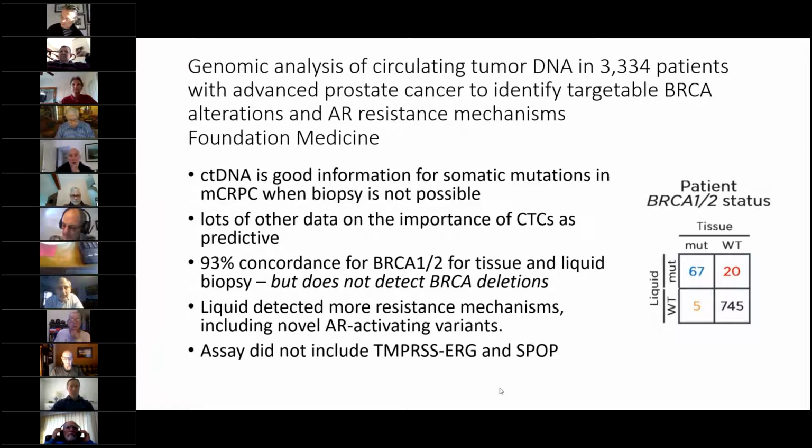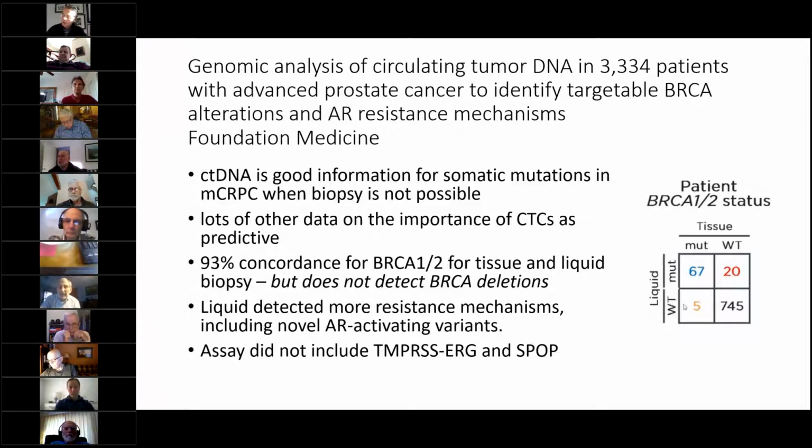Can you please explain what the quadrant is in the right-hand corner? Let's turn this off. It's blocking my ability to see the slide. But the lower right-hand quadrant is, for example, the liquid biopsy on the vertical axis and the tumor sample on the horizontal.